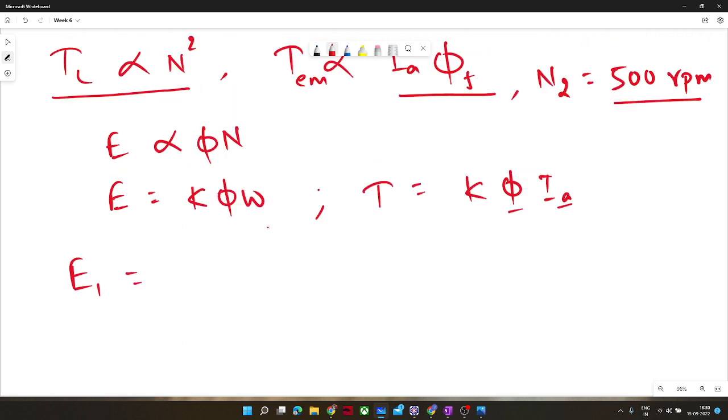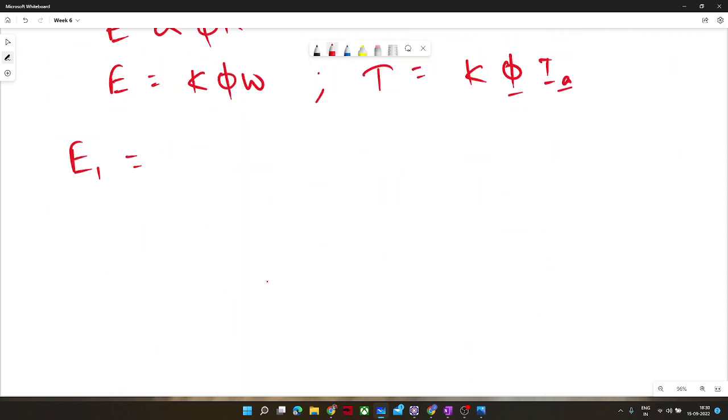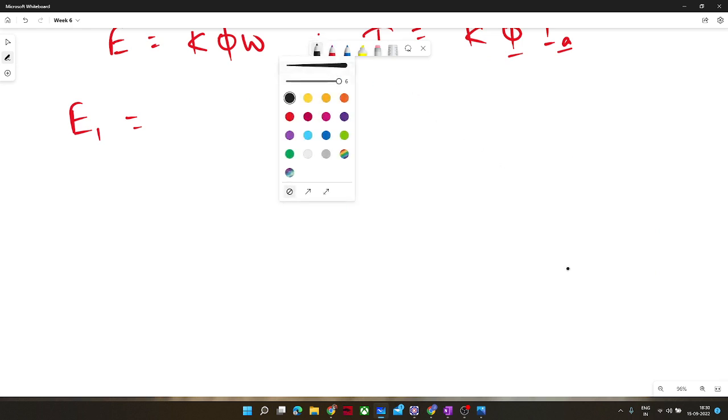Excuse me, sir. Yeah, please. Sir, armature voltage should be equal to the back EMF. Why do you say so? Sir, armature voltage is the voltage appearing across the armature, and terminal voltage is the voltage which is applied across it. Okay. But in between a resistance is coming, no? Then why did you take the armature voltage as terminal voltage?